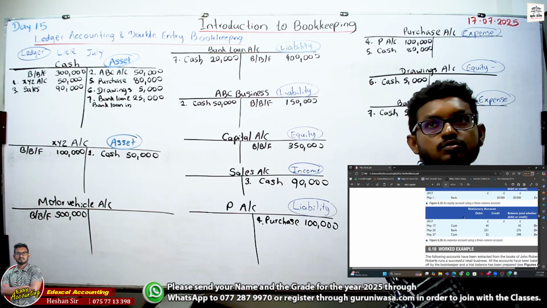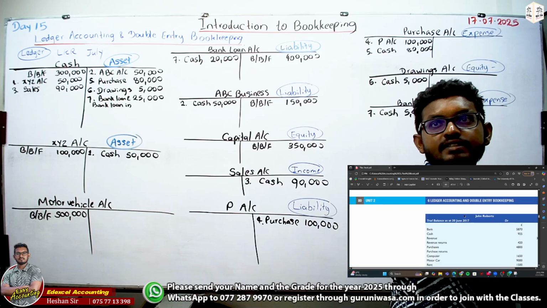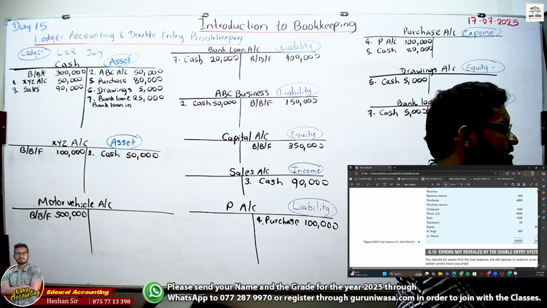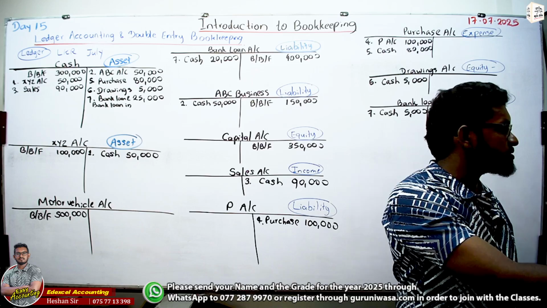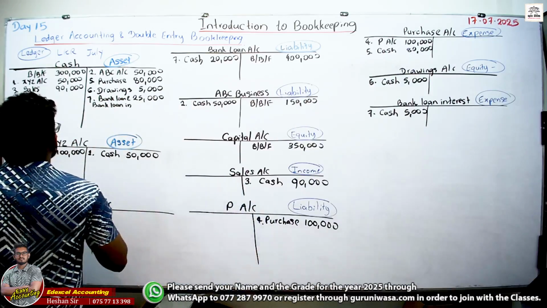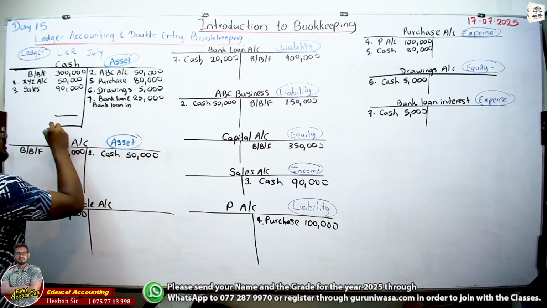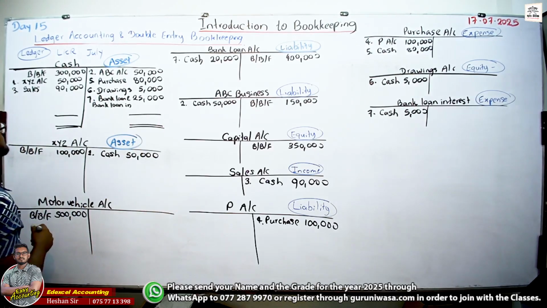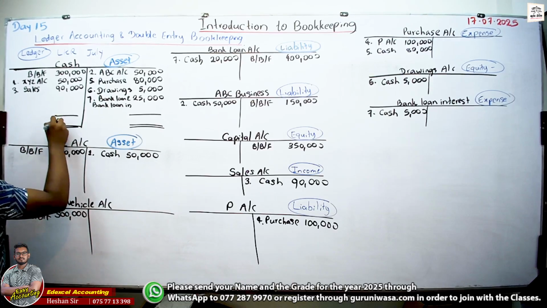Now, after balancing the things, we can prepare a trial balance as well. Let's balance and let's prepare a trial balance. I told you, first find the higher value side in here, 440.